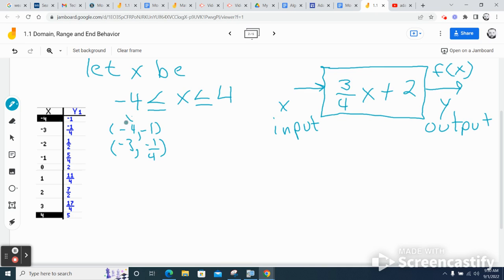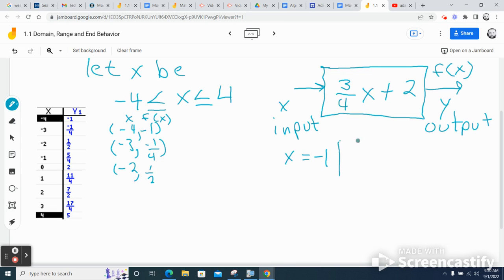These are all the x values, and technically these are f of x. And so when x equals -2, y equals what? 1/2.